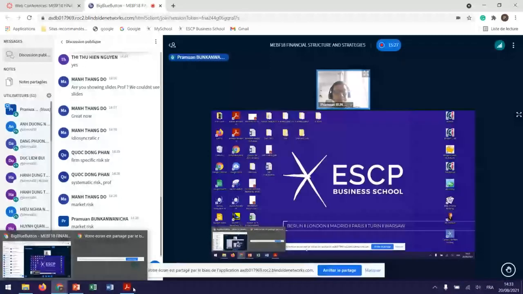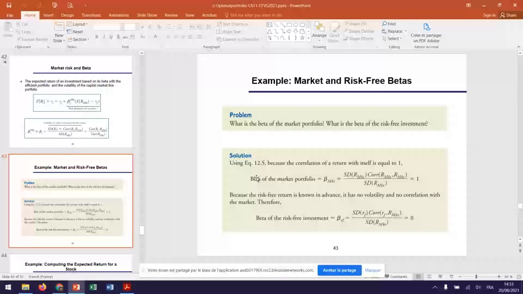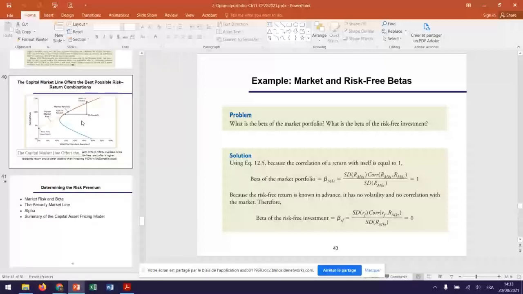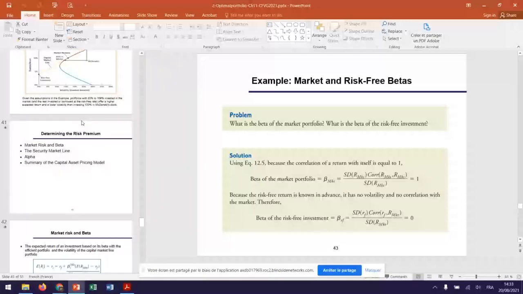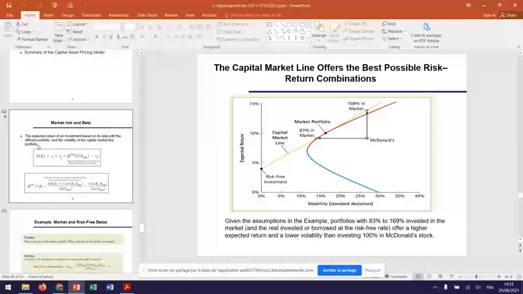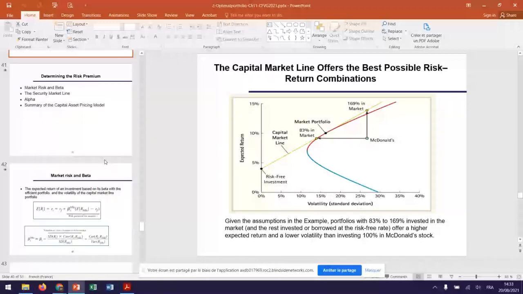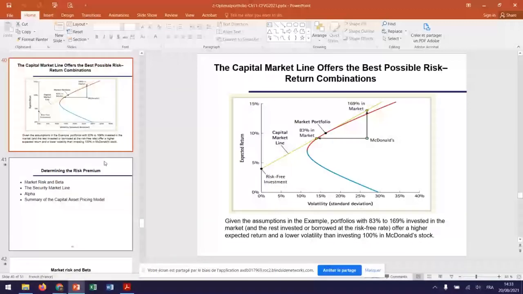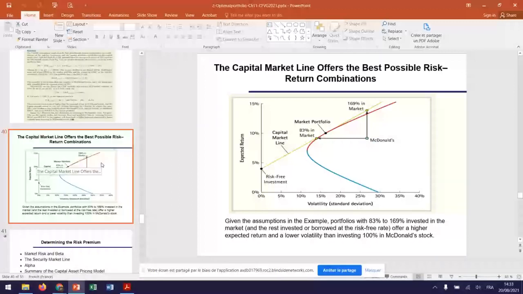All right. As we can see here in the CAPM, everybody will go on this capital market line. And this capital market line brings us to how we measure the level of risk. On the market portfolio, the CML line, we have only market risk.